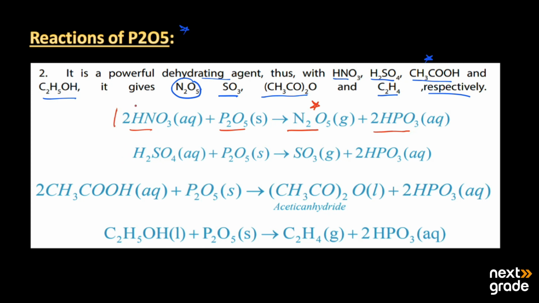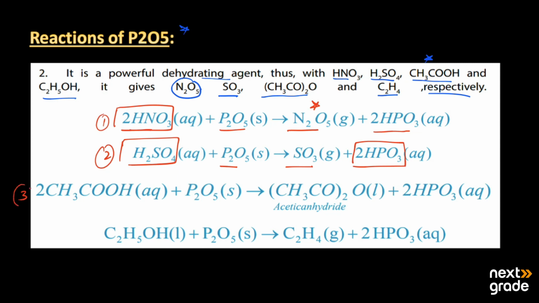On the other hand, when it reacts with the second acid, H2SO4, it produces sulfur trioxide and metaphosphoric acid, HPO3. Third, the acetic acid reacts with phosphorus pentoxide and produces the acid anhydride, acetic anhydride.